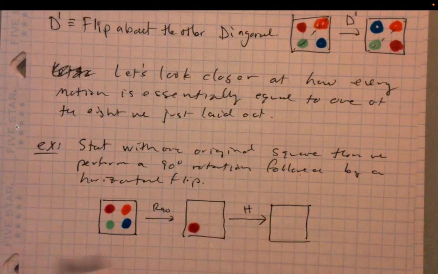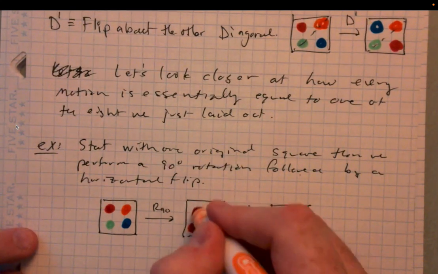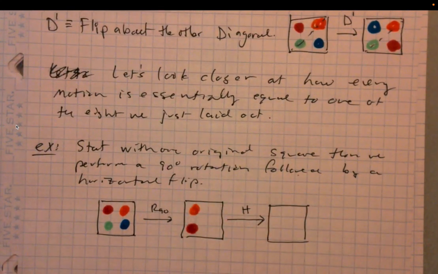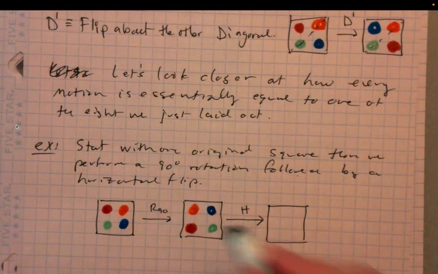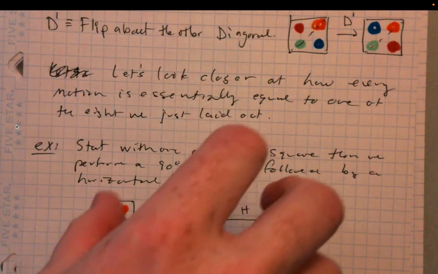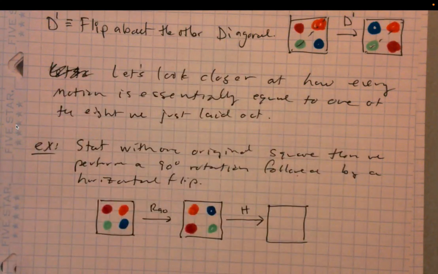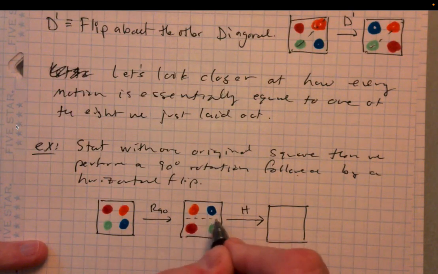Well, it goes down here, and the orange goes up here, and the blue is here, and the green is here. There's our 90, right? So we basically just twisted it 90 degrees. And now the horizontal flip, what happens with the horizontal flip? So remember, horizontal flip is like this.